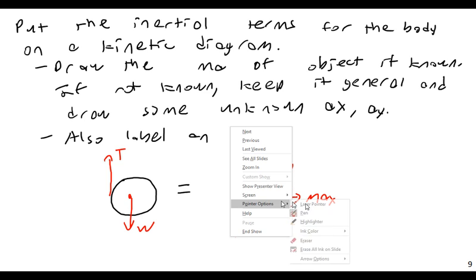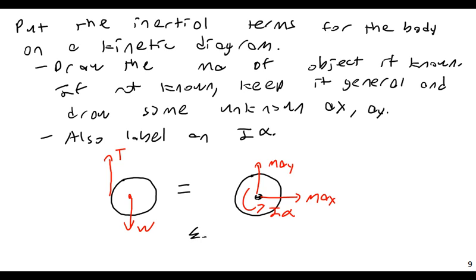And I would also know that the sum of forces is going to be equal to mass times acceleration, and the sum of moments about G is going to be equal to I alpha. So sum of forces equals ma, and the sum of moments about G is equal to I alpha. Okay?